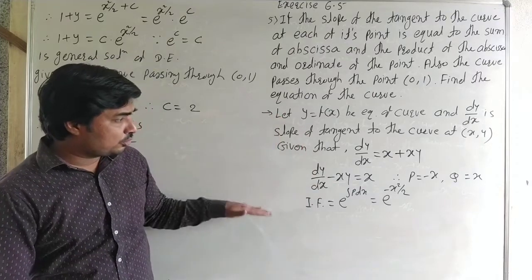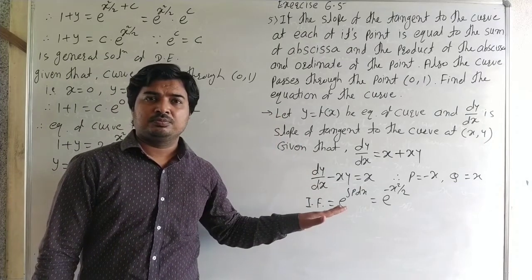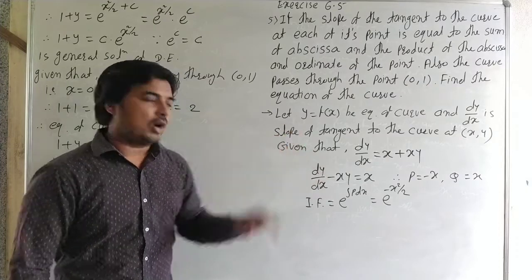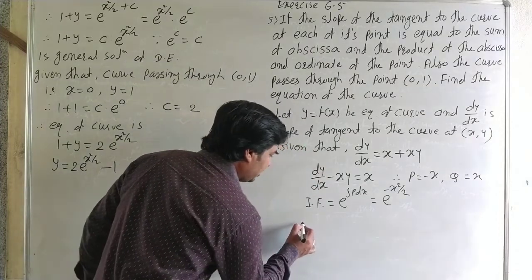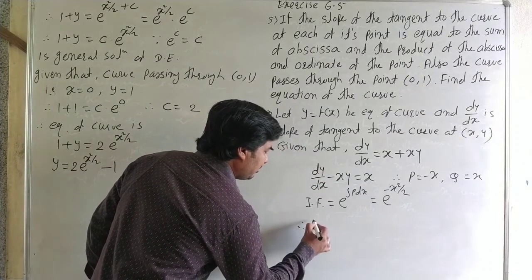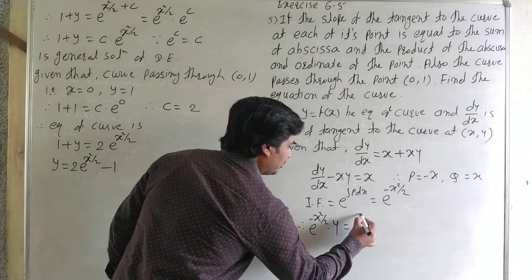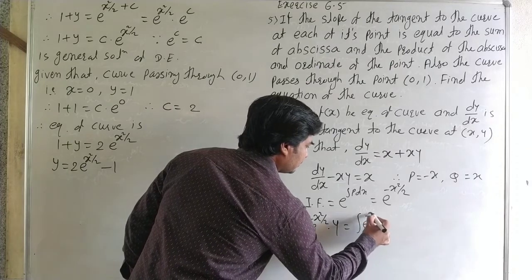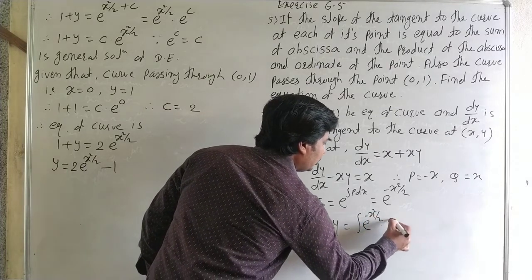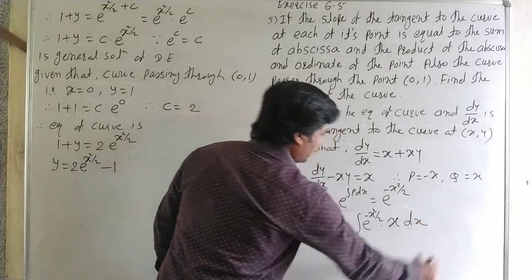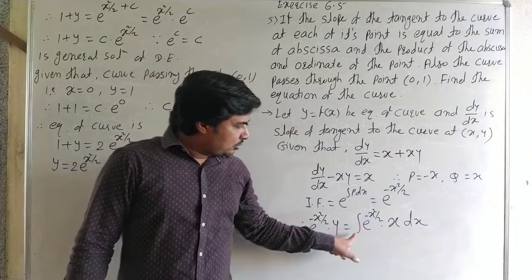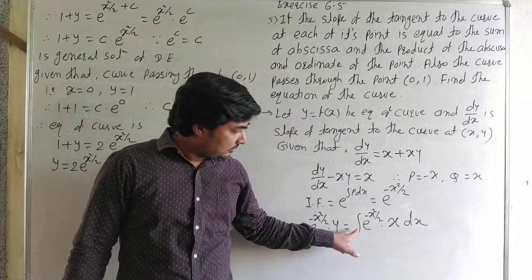And here the solution of the linear differential equation is the integrating factor into y, is equal to the integral of the integrating factor into q dx. Now we find the solution of this integration.